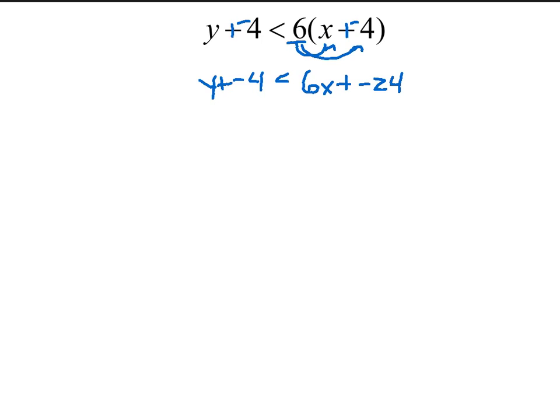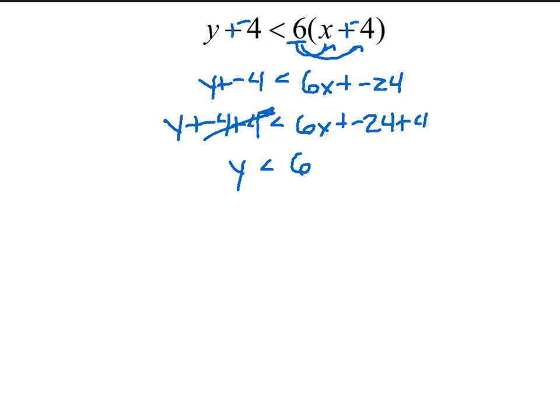We're really, really close to having ourselves in y is less than mx plus b form here. This was point slope form. y plus negative 4 plus 4, adding that 4 to both sides, 6x plus negative 24 plus 4. y is less than 6x plus negative 20.